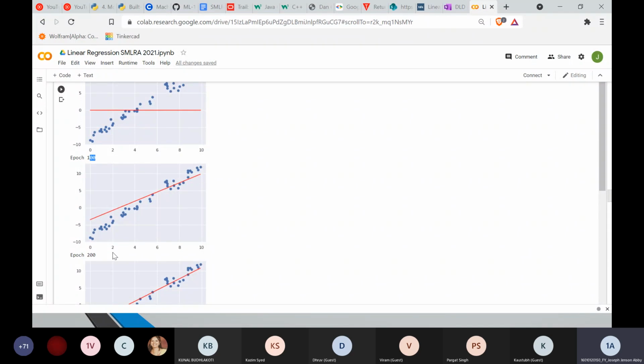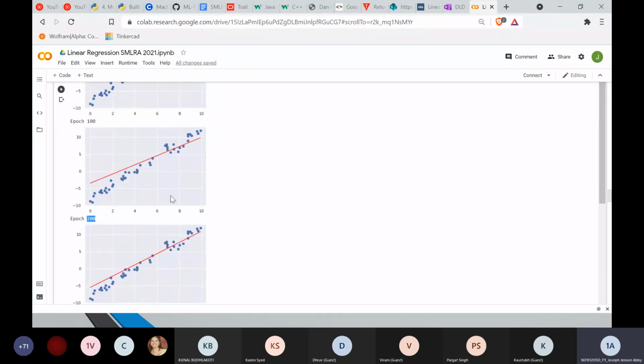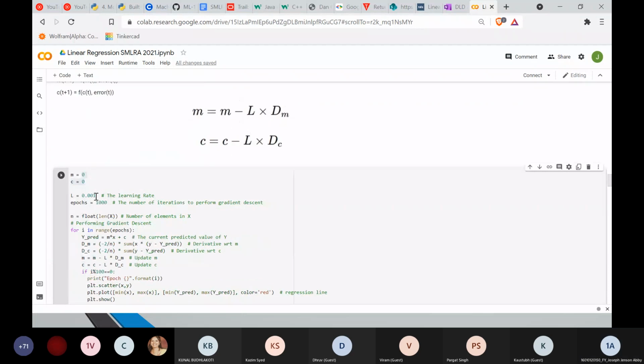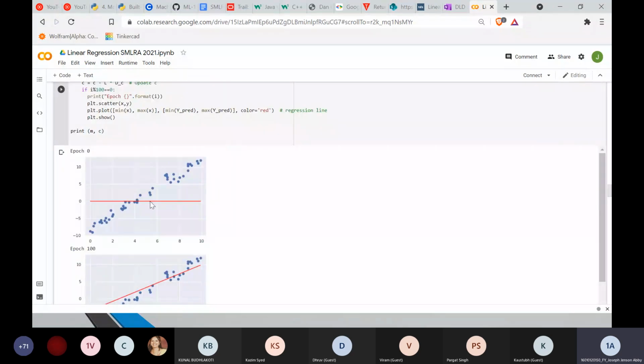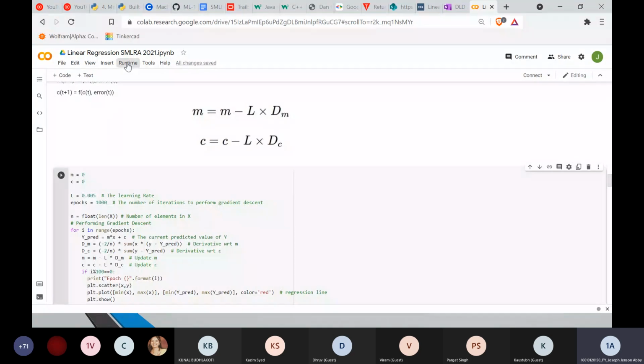After running the algorithm 200 times, your line will look something like this. Similarly for 300 times. If you increase the learning rate, the line will become better faster, so with fewer iterations it will give you a more precise line.